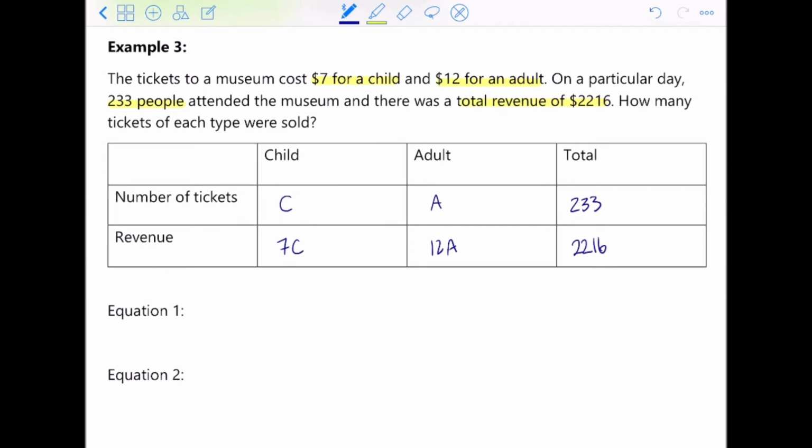Let's set up the equations. So the first equation would be number of children's tickets plus number of adults' tickets would be 233. And the second equation would be how much you're earning from the tickets. So 7 times C plus 12A equals total of $2,216.